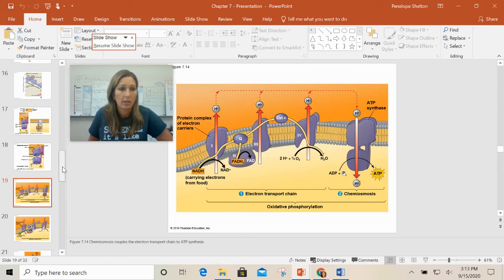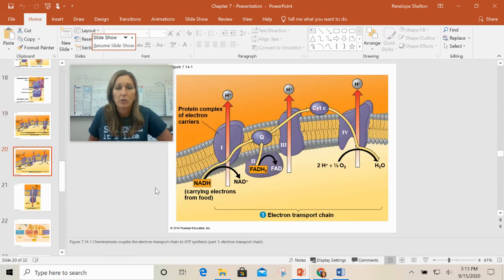So again, here's my electron transport in simple form, showing you that NADH and FADH2 are dropping the electrons off. This again is the matrix side. This is the intermembrane space. So the outer membrane would be up here. Here's my inner membrane of the mitochondria.